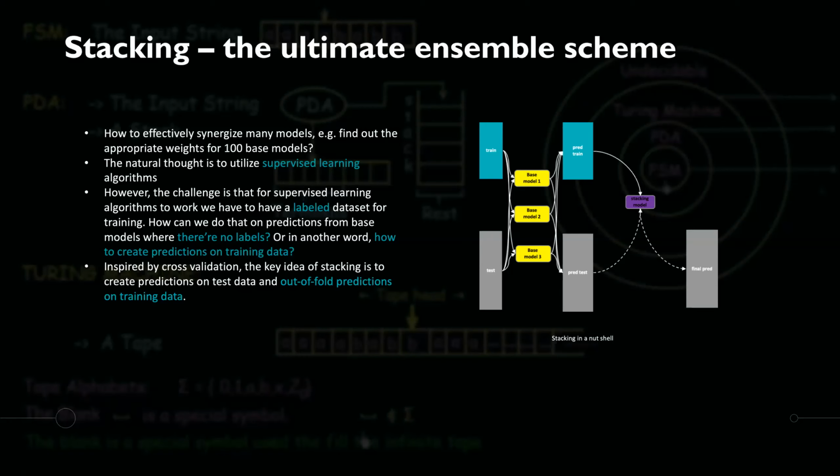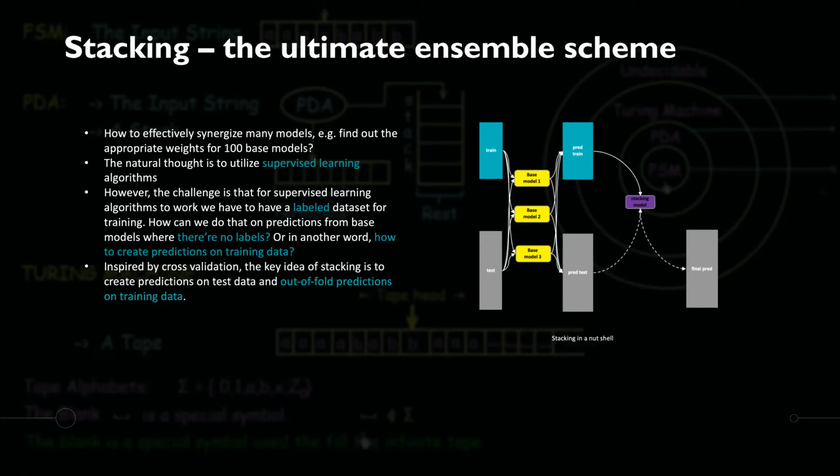We don't have a label to train with, because the predictions were made on data whose labels we don't know. Our task is to find out the labels. But without the labels, how can we train a supervised model? This is the fundamental challenge for stacking.